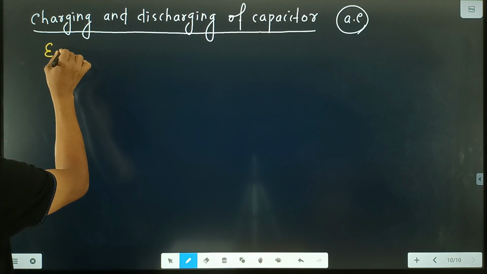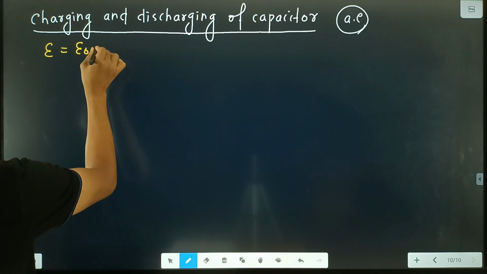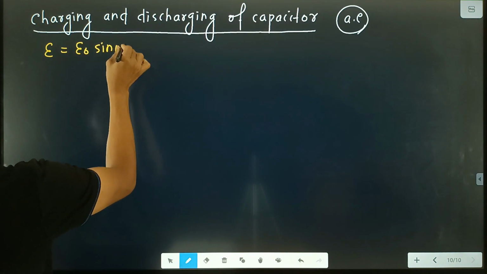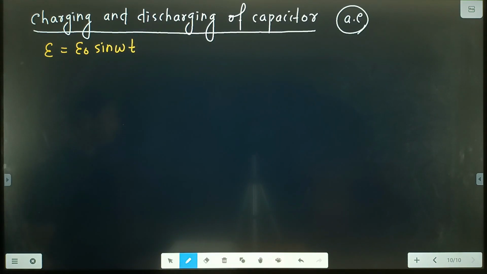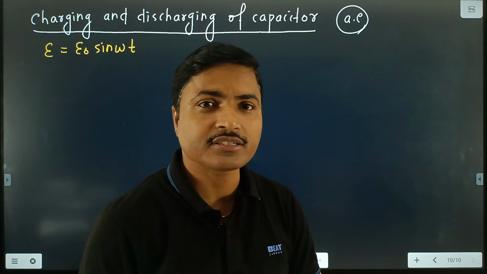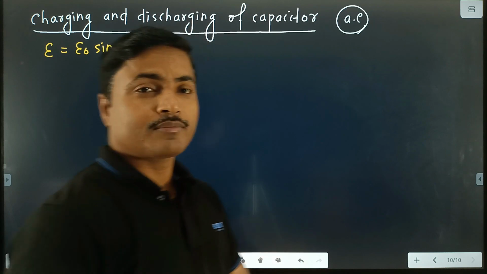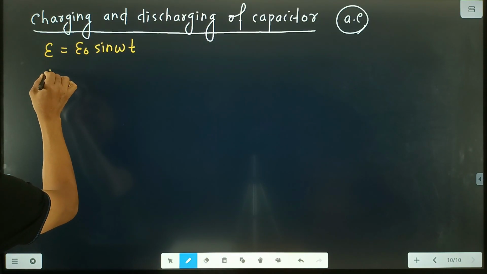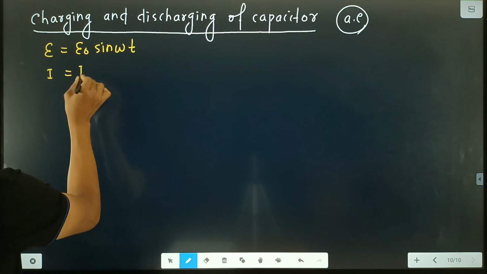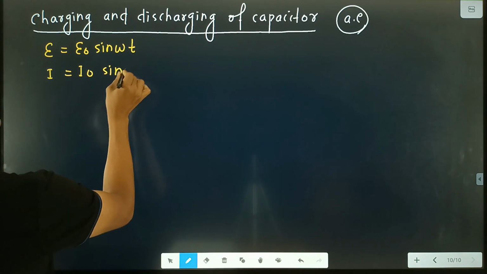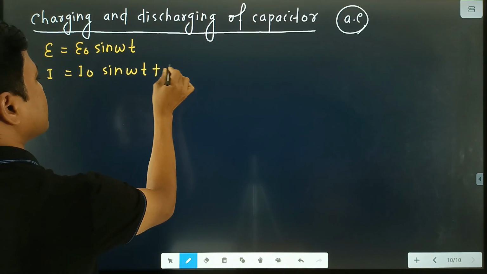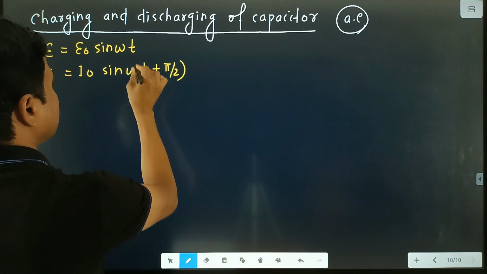The equation of EMF is E equal to E0 sin omega t. This is the applied EMF, for applied voltage. And you know the equation for instantaneous current, that is I equal to I0 sin omega t plus pi by 2.